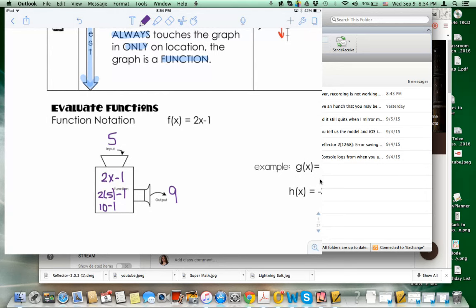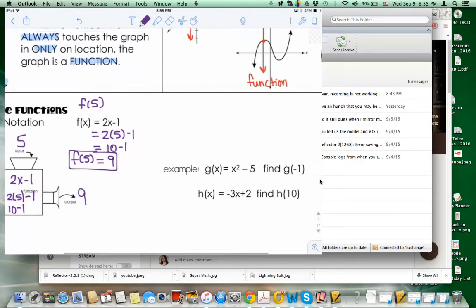Well, so in our function, we put 5, which means we took 2 times 5 plus 1, which was 10 plus 1, which was 11. So to write the answer, we have to say the function, when you put in 5, equals 11. That's how you write the final response.